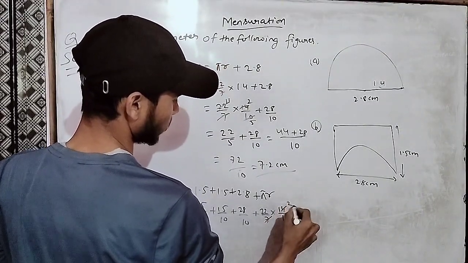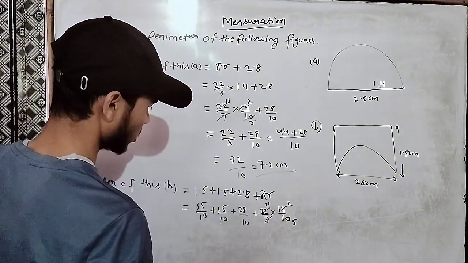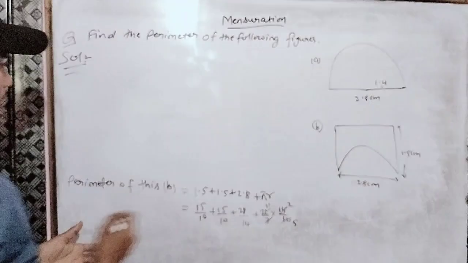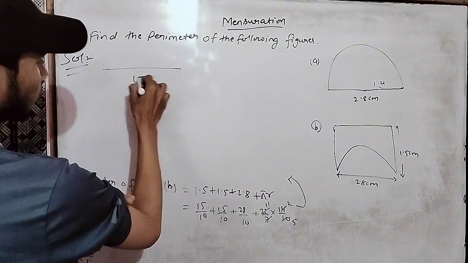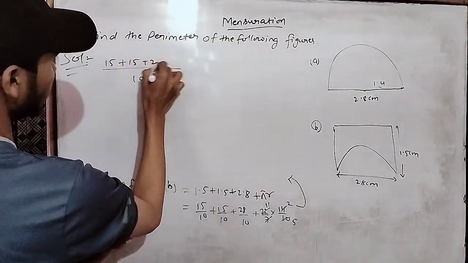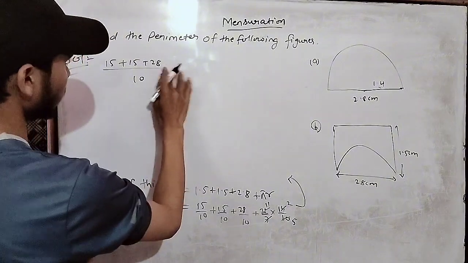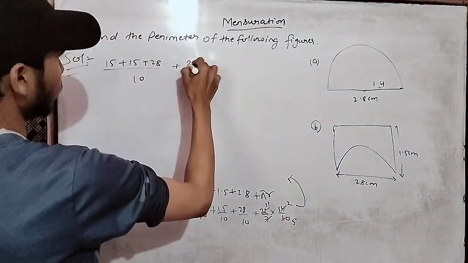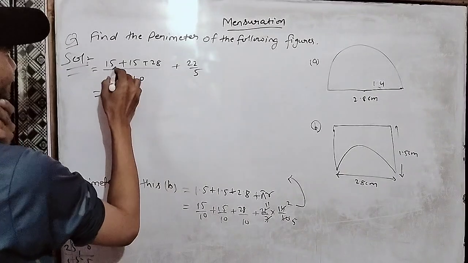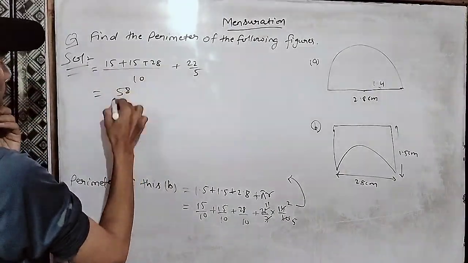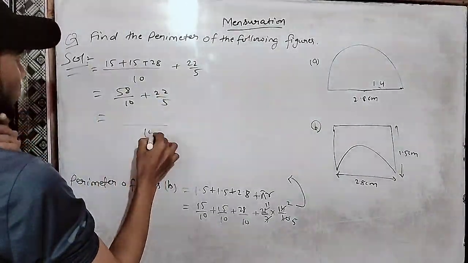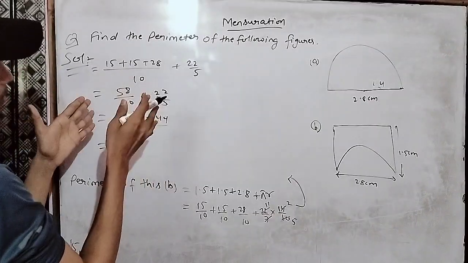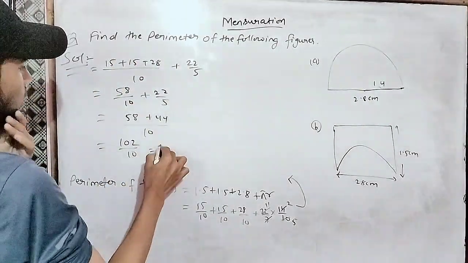So we write 14 by 10. The sides are 15 by 10, then 15 by 10, then 28 by 10, plus 22 by 7 times 14 by 10. That gives 58 upon 10 plus 44 upon 10, which is 102 upon 10, so 10.2 centimeter.